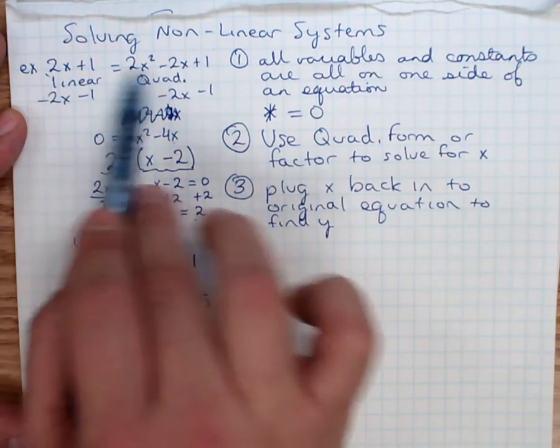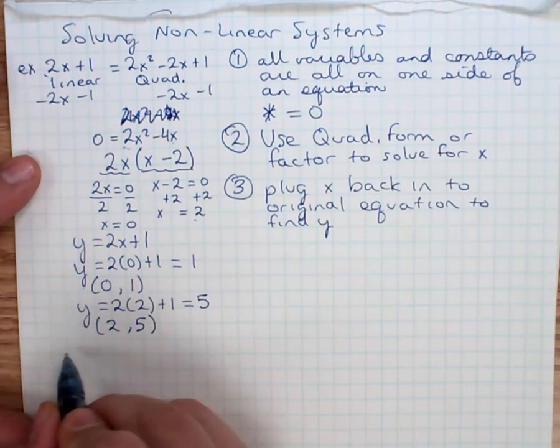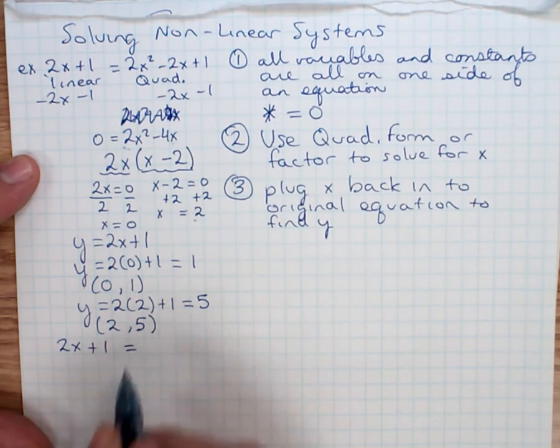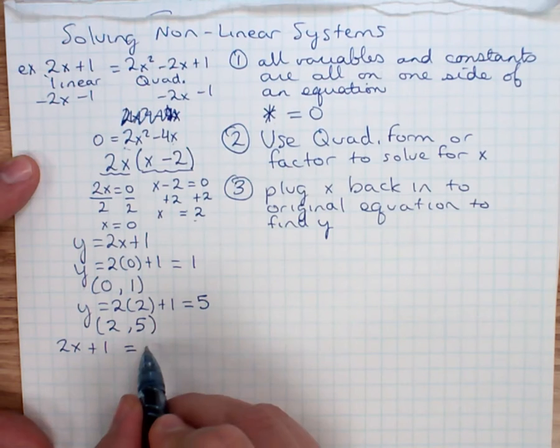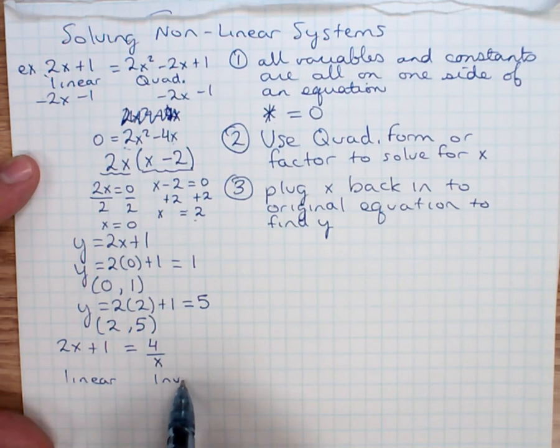In this case, a linear and a quadratic, but in the investigation before this, we did linear equations versus inverse equations. So if instead you had 2x plus 1 equal to 4 over x, or something like that, you also have to be prepared for the linear versus your inverse equation.